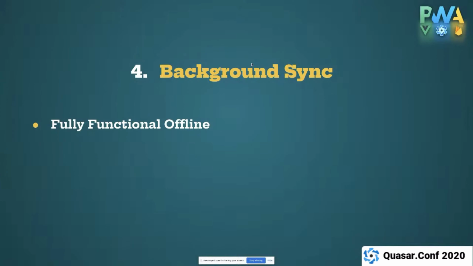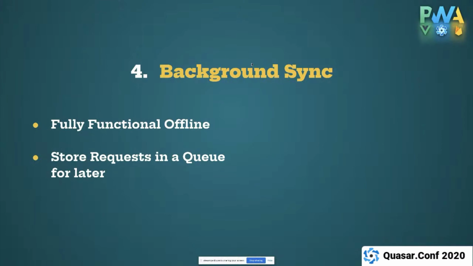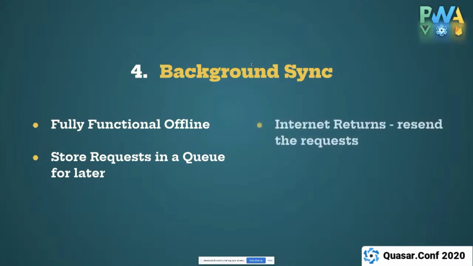Well, usually that request would just fail. But with background sync, what we can do is store that request in a queue for later in the user's browser in an IndexedDB database. And then later on, when the internet returns, our service worker will detect that the internet has returned and will begin trying to resend those requests that are stored in the queue one by one.